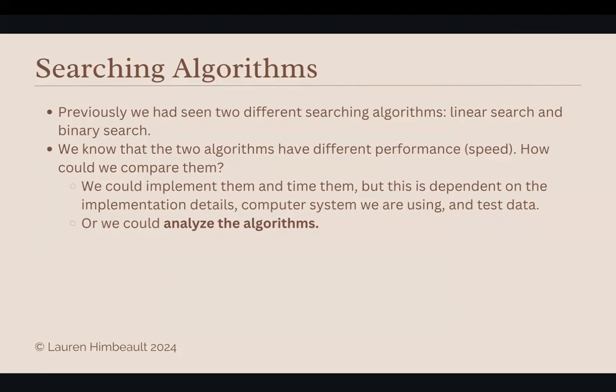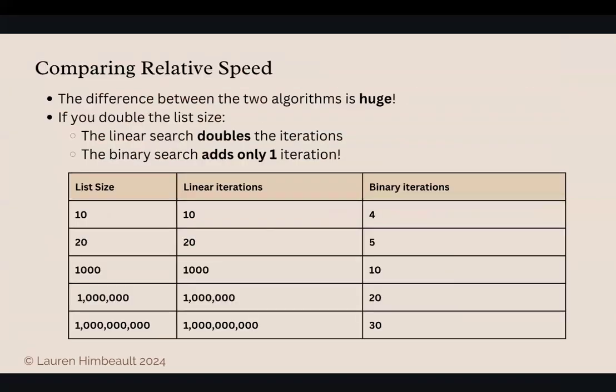It depends on the test data, right? It depends on how big a test data size we actually use, because on a very small data set, the difference is pretty negligible, and we don't really see the difference that actually exists in these algorithms. So instead, what we do is we analyze these algorithms, and that's a whole field of research and a whole topic in computer science.